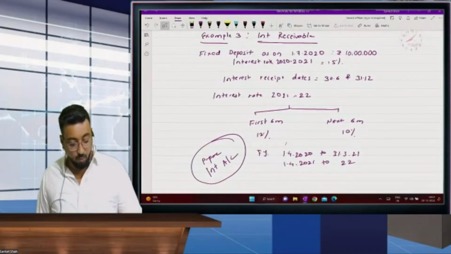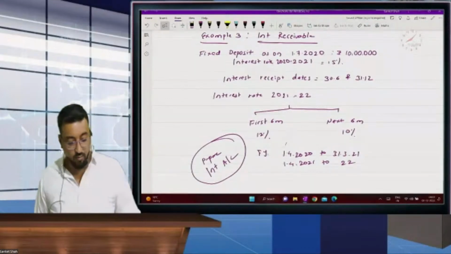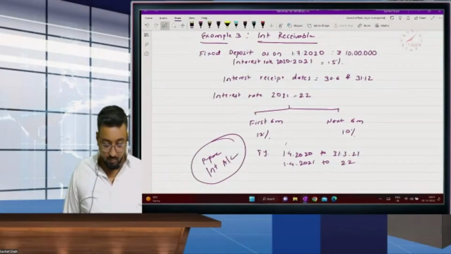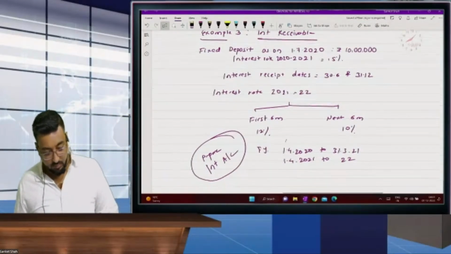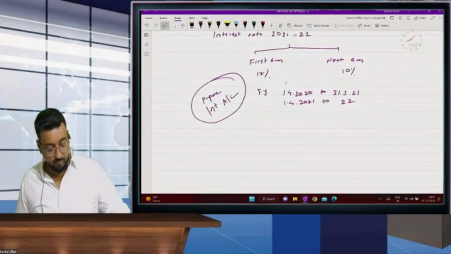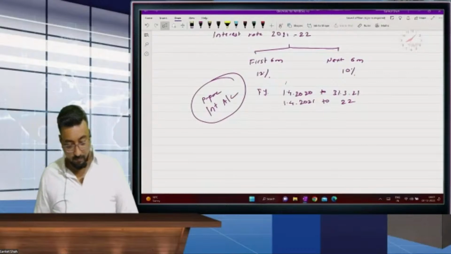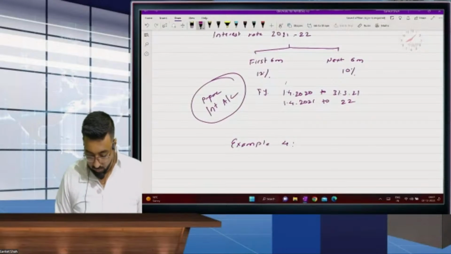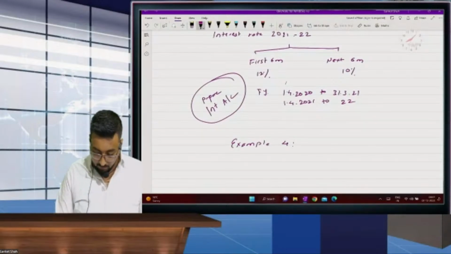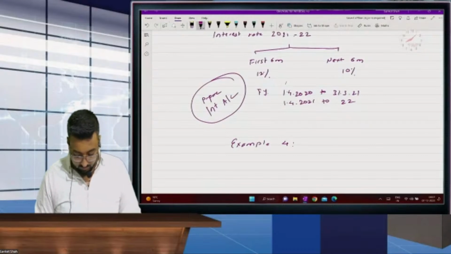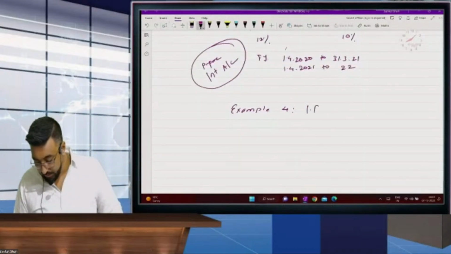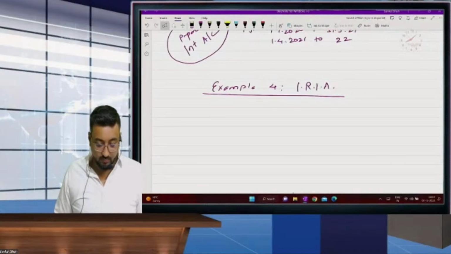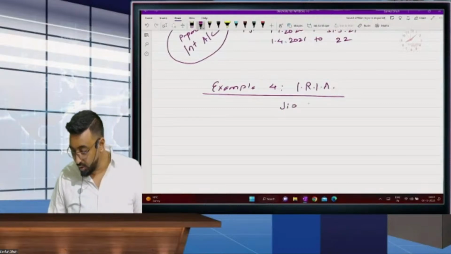And example 4 is income received in advance. Write down. Example 4, income received in advance. Geo books, beta.